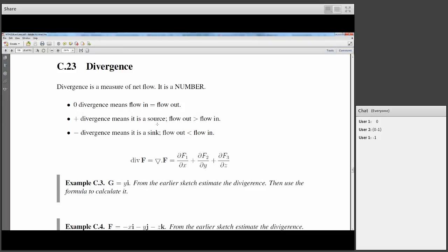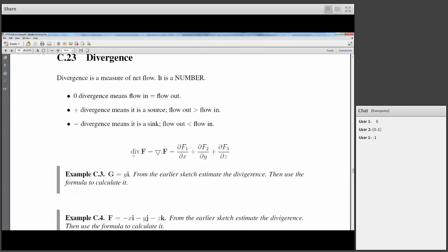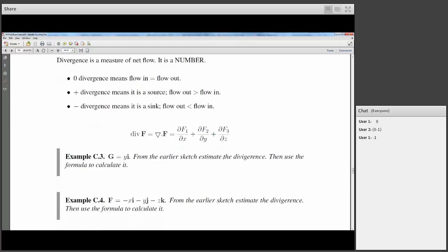So sometimes that's important to think about, but zero divergence is quite a natural concept. The way to work it out is a bit easier. It can be thought of as the dot product of the partial differential operators with the vector itself, or can be written in short as you can see there. So it's easier to work out than the curl analytically.